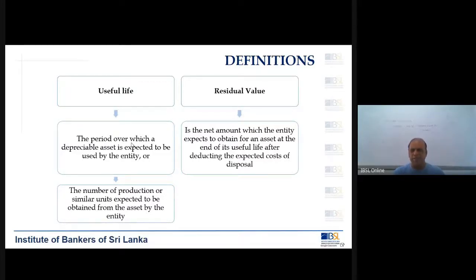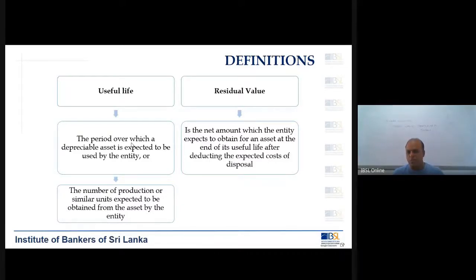Say for example, after using a computer for 5 years, if you manage to sell it to somebody else for an amount of 10,000, that is the value that you are expecting out of this asset after the end of its useful life. So that is known as the residual value.